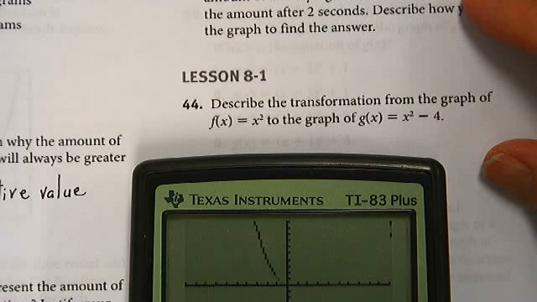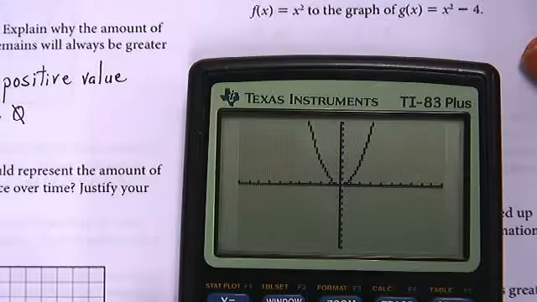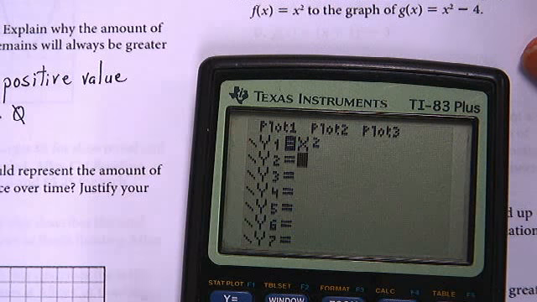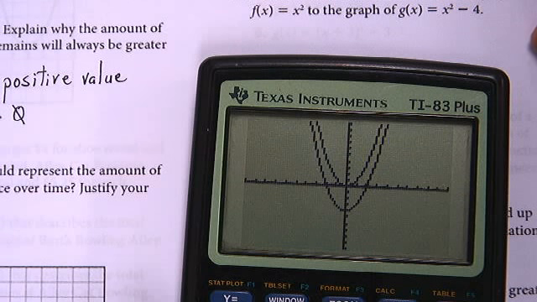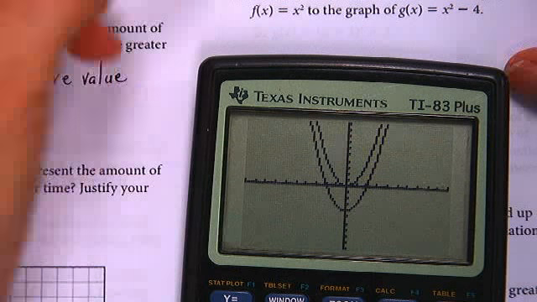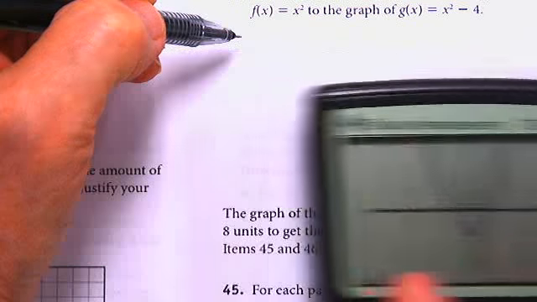There's that curve. Now, let's compare that to x squared minus 4. The transformation is the function shifts down 4 units.